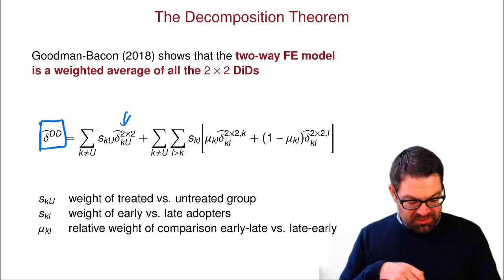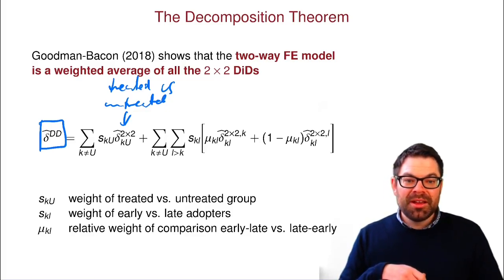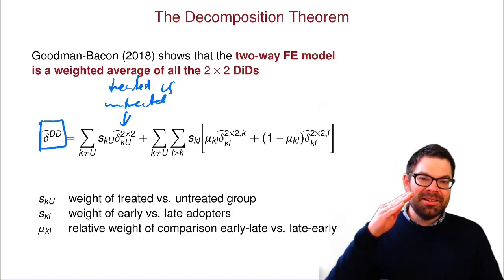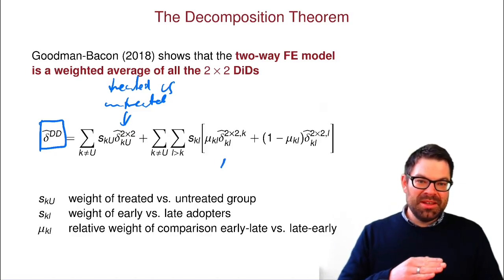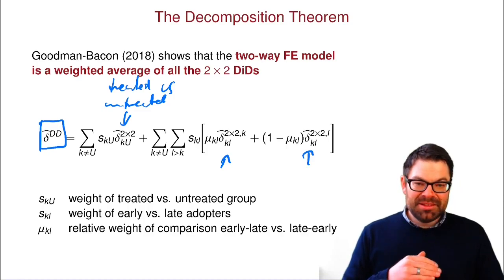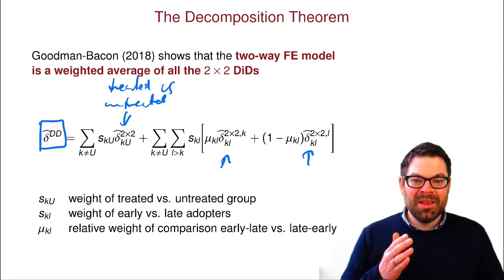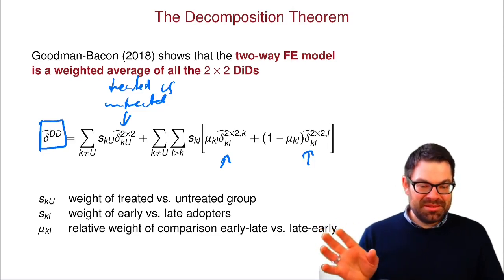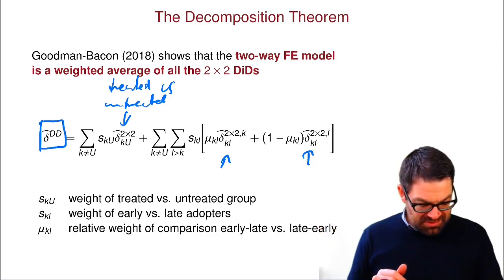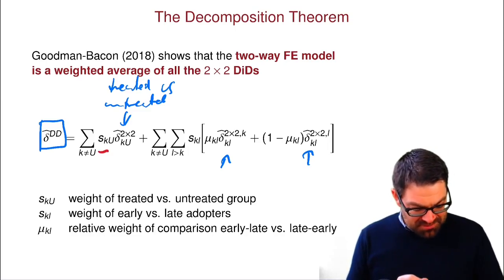Here you have the treated versus the untreated. Here you have the late adopters being a control for the early adopters. And here you have the early adopters being a control for the late adopters.